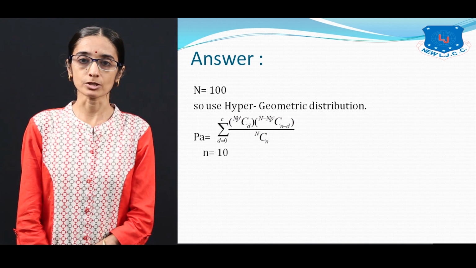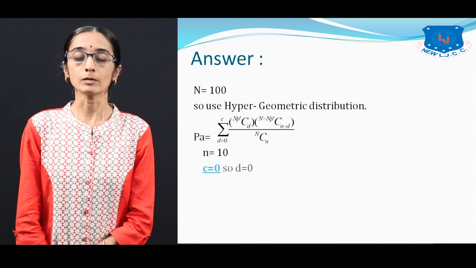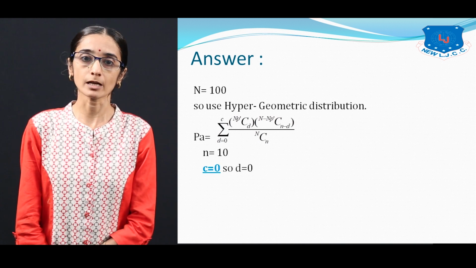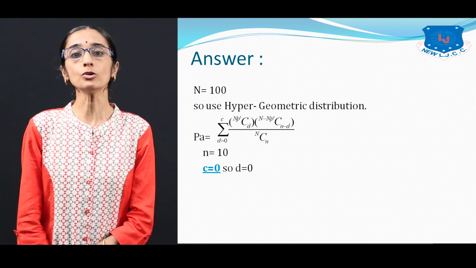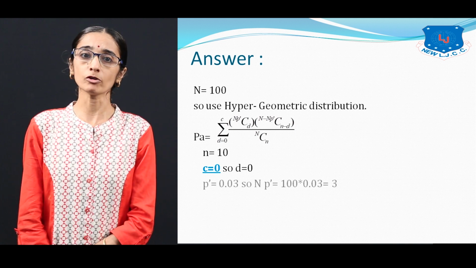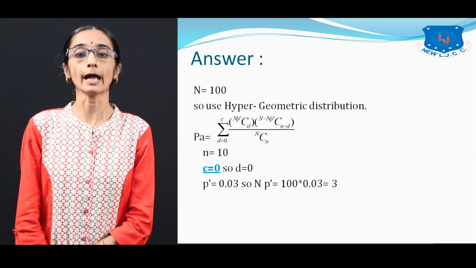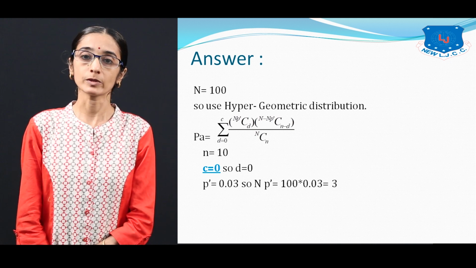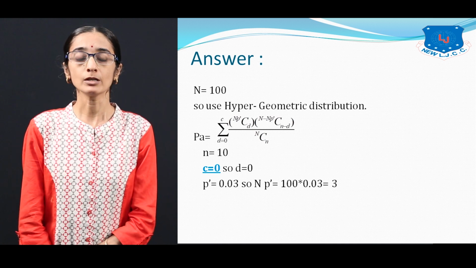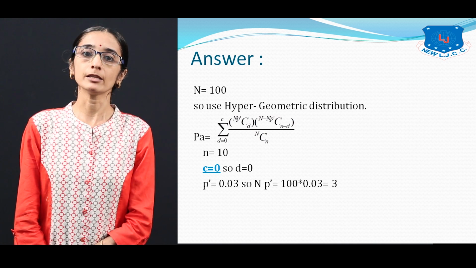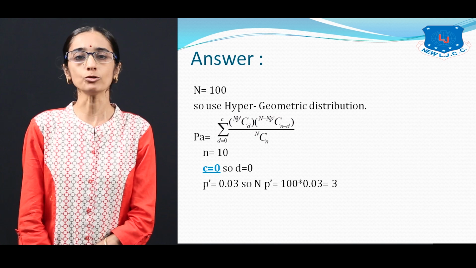Here small n is 10, C is 0, that means the allowable number of defects is 0, so d must be equal to 0. Now if we substitute the P' value given in the question as 0.03, we get capital N into P', which is equal to 3.